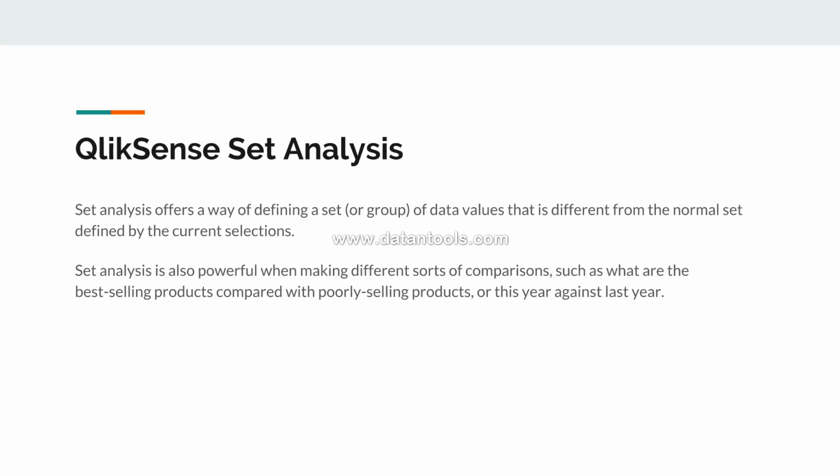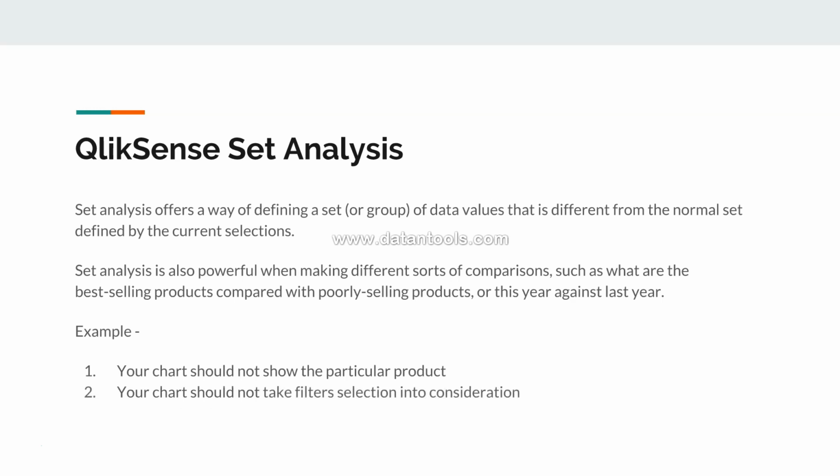A couple of other examples: your chart should not show a particular product. For example, you have products for furniture or technology, but you want your chart not to display the values for furniture. In that case, you can use set analysis and modify your expression.